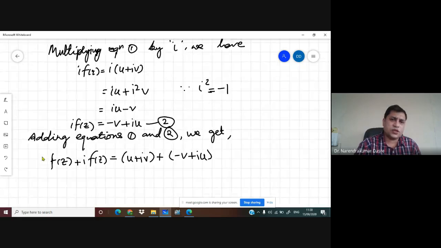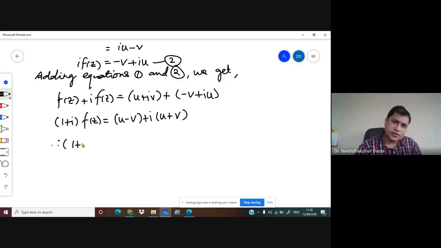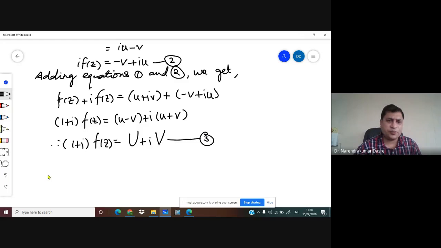Now I can write this as 1 plus i into f of z is equal to u minus v plus i into u plus v. So I can write this as 1 plus i into f of z is equal to capital U plus i capital V, which is equation 3.